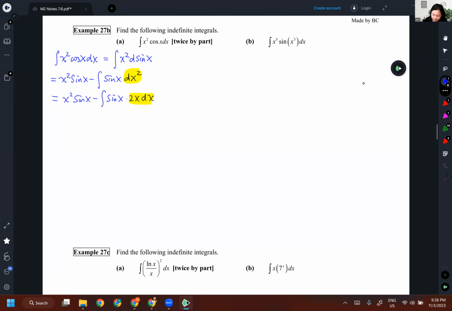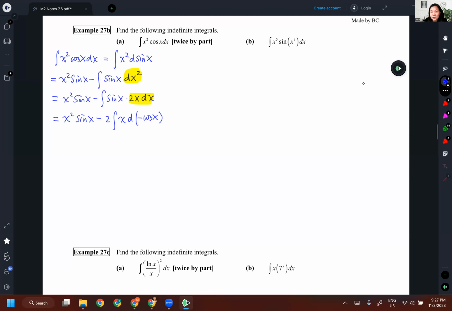Okay, now the second time. I'll put 2 first. That is x d negative cosine. You see, I leave x outside, I put 2 outside, and then I integrate sine. Integrating sine gives cosine. Okay.